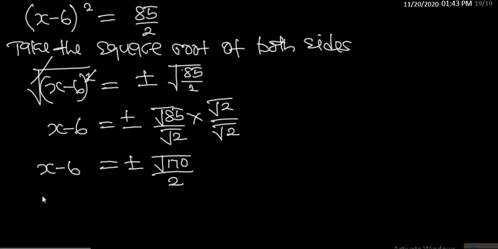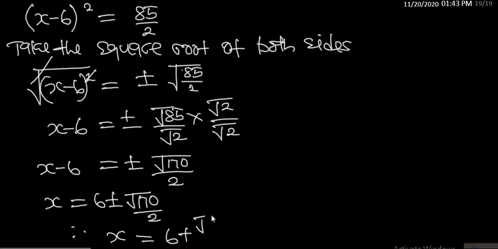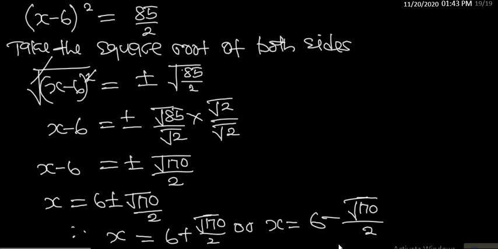So if we add 6 to both sides, we have 6 plus or minus square root of 170 all over 2. So therefore, guys, x equals 6 plus root 170 over 2, or x equals 6 minus root 170 over 2. And that is the final answer, guys.